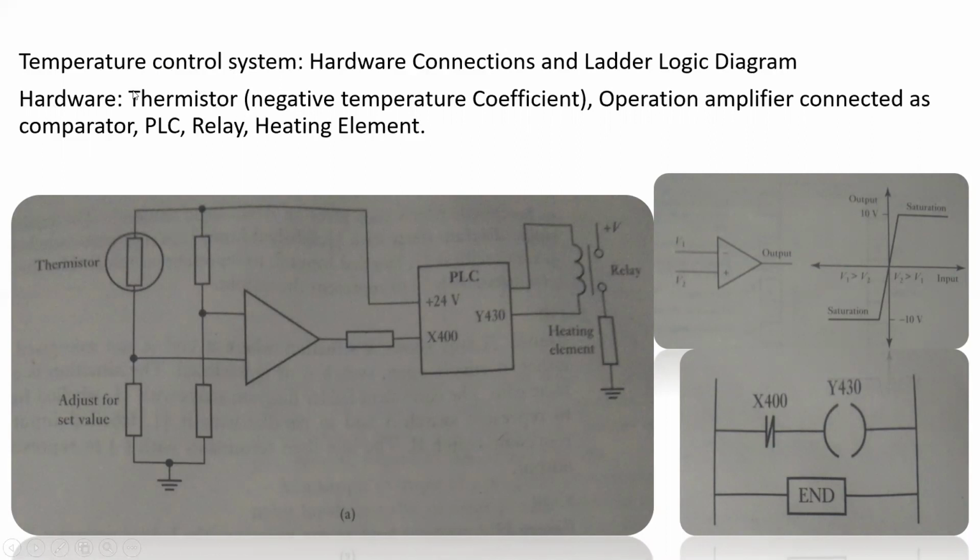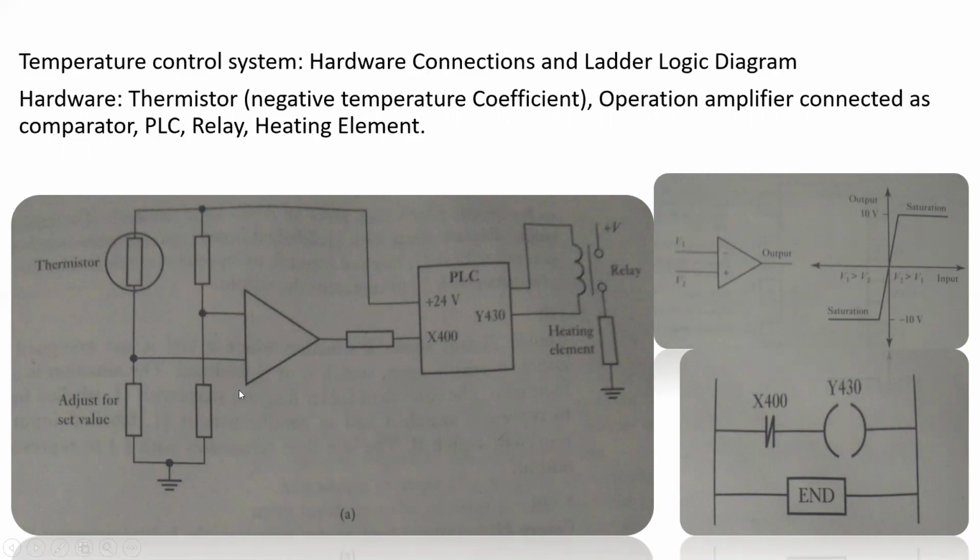So the hardware basically is a thermistor and an operational amplifier, and the operational amplifier is connected as a comparator. Then there is the PLC and a relay. This is the relay and a heating element. So this is the hardware circuitry.